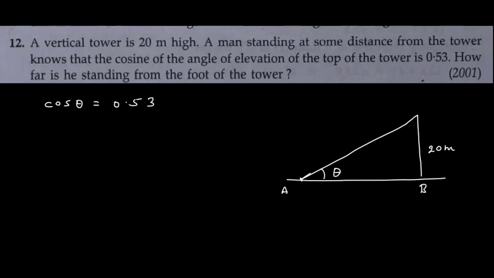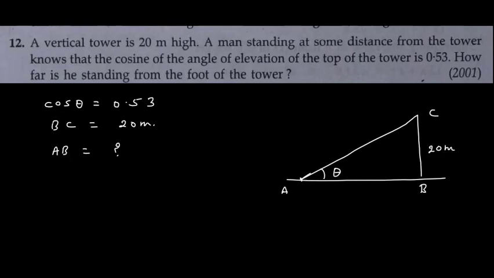Take this point as B and C, and BC height is given, 20 meter. How far is he standing from the foot of the tower? This AB is the question mark. Now cos of the angle is given, so when cos of angle is given, we should know the hypotenuse.